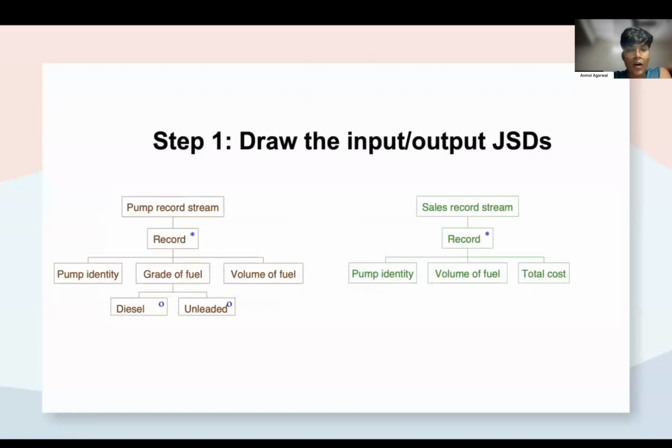Step 1. How to draw a JSP diagram, in short called a Jackson Structure Diagram. There are 5 steps to draw a JSP. The first step is to draw a Jackson Structure Diagram for each input and output data stream. The second step is to merge the two diagrams, that is from the input and the output, to form a JSP.